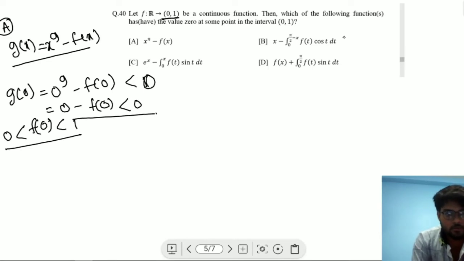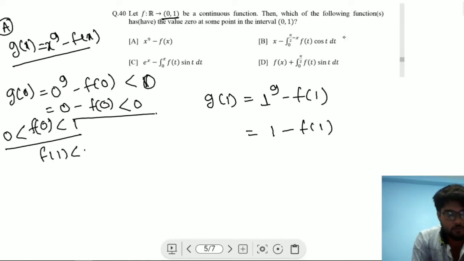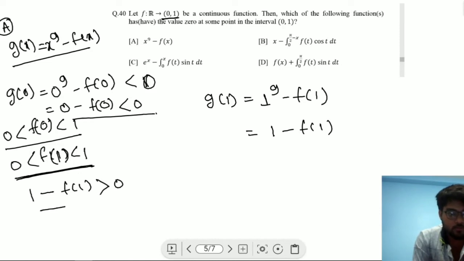But g(1), if we calculate g(1), is 1 to the power 9 minus f(1), which is 1 minus f(1). Again, f(1) lies between 0 and 1, and if you subtract a value between 0 and 1 from 1, you will obviously get a value greater than 0, because f(1) is less than 1.